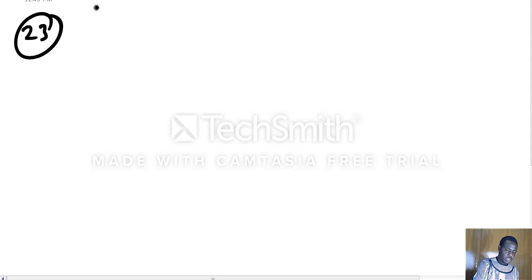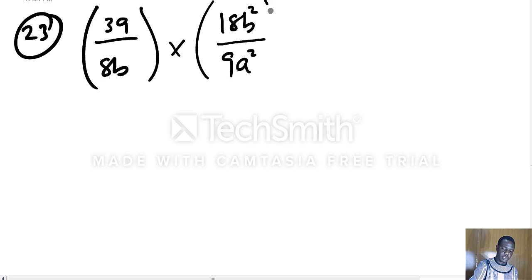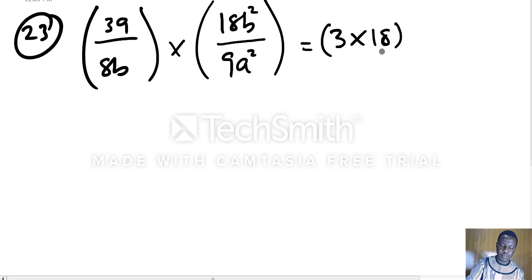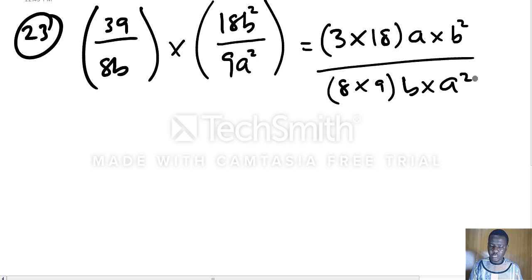Let's look at question number 23. 23 says 3a divided by 8b times 18b squared divided by 9a squared, so that this can be simplified to be equal to 3 times 18 into a times b squared divided by 8 times 9 into b times a squared.